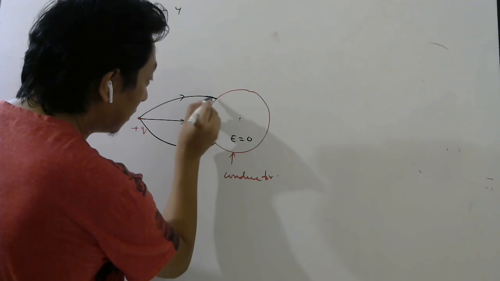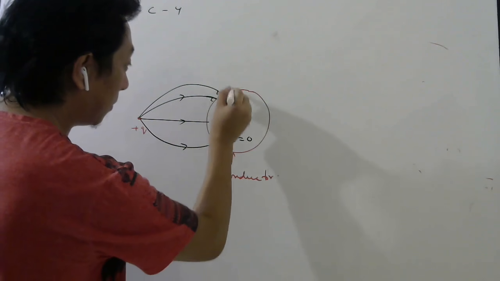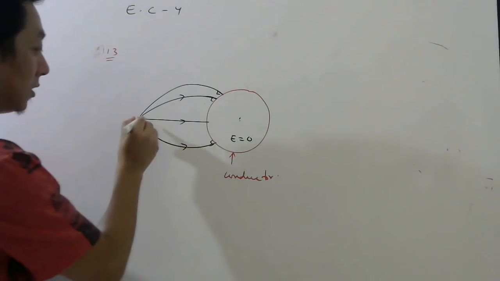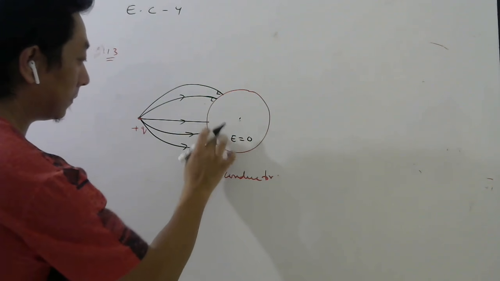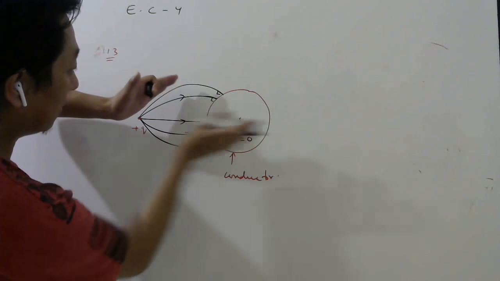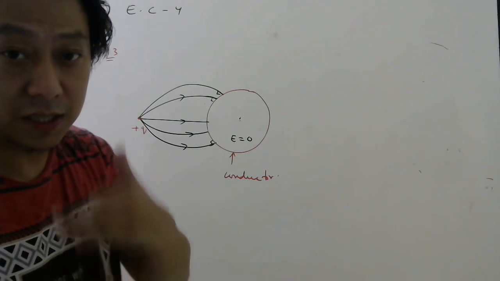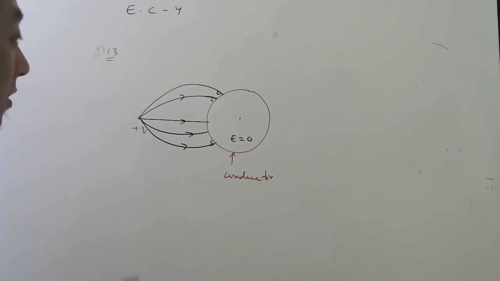If it doesn't look perpendicular, you have to make it look perpendicular, and perpendicular to a sphere means this line should go through the center. So this is how electric field lines look like. Okay, so they will start like this, but as they reach the conductor they will terminate this way. Why? Because just outside the conductor the electric field line should be perpendicular to the surface.